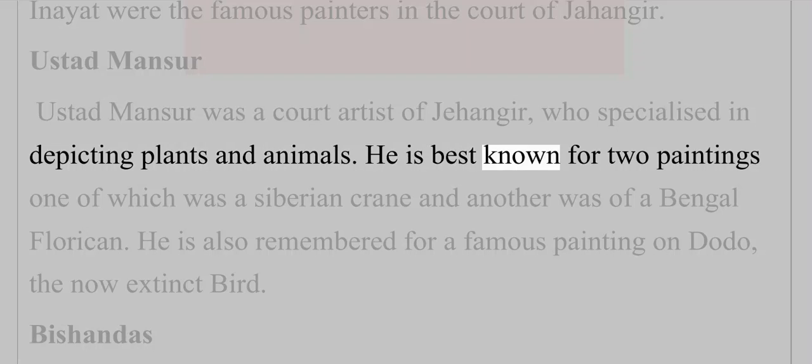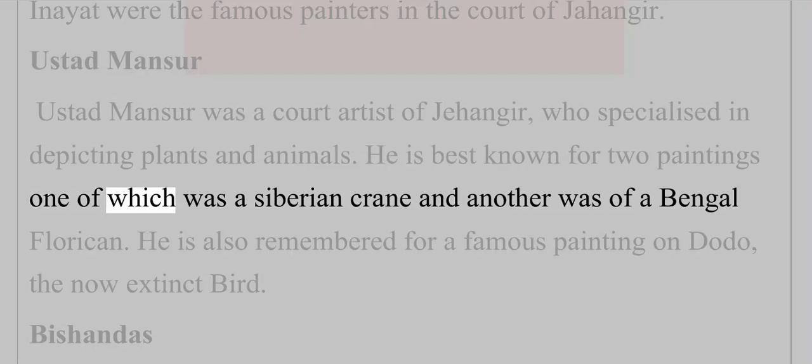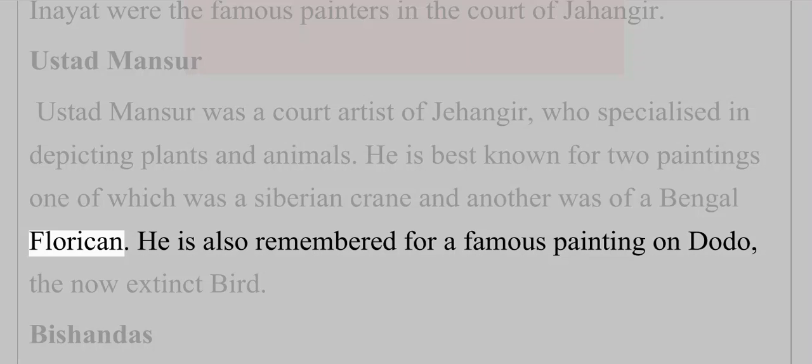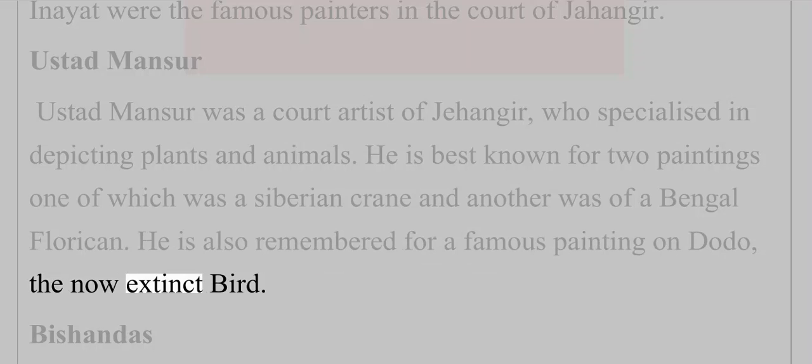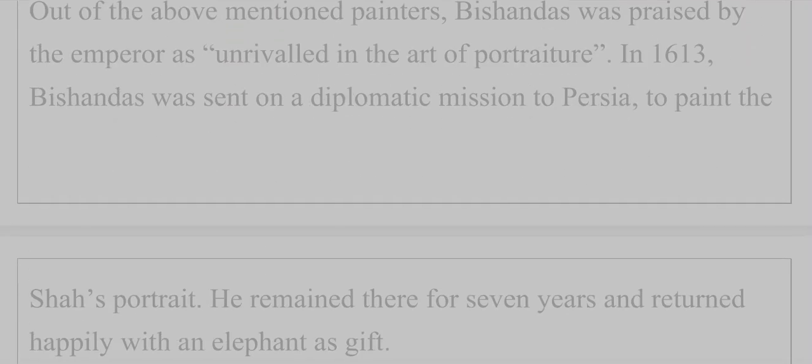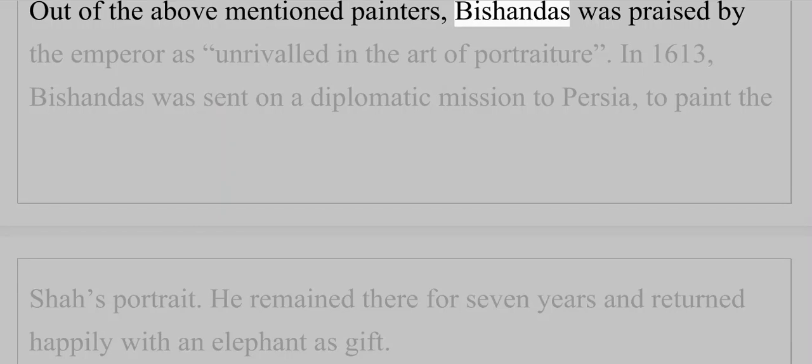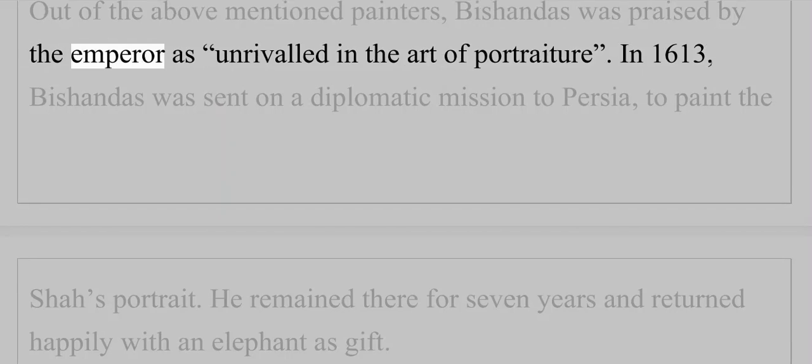He is best known for two paintings, one of a Siberian crane and another of a Bengal florican. He is also remembered for a famous painting of the dodo, the now extinct bird. Bishandas. Out of the above-mentioned painters, Bishandas was praised by the emperor as unrivaled in the art of portraiture.